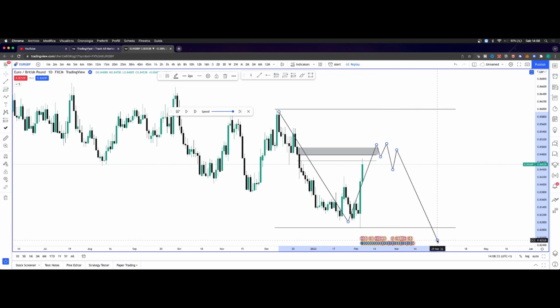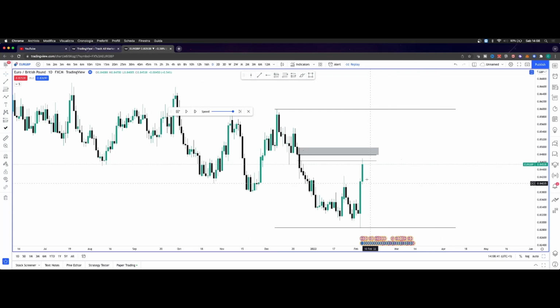This is my overall perspective, the whole picture, and my overall idea for the moment, of course. So in terms of bias, the higher probability setups, in my opinion, are the bearish trend setups, so short setups.